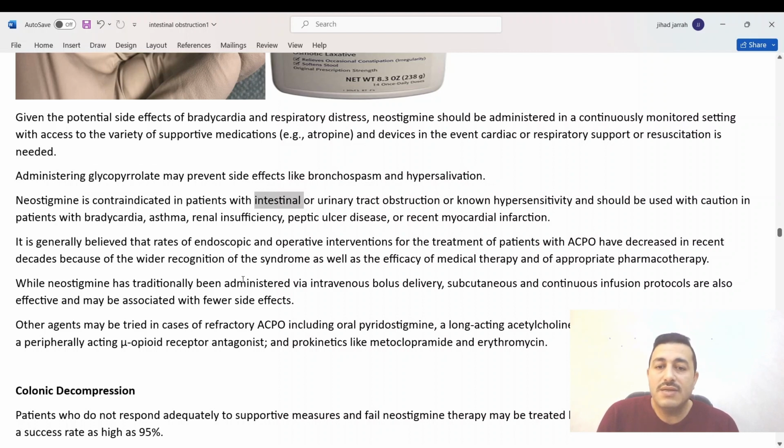It's contraindicated when there is urinary tract obstruction. It's contraindicated when there is bradycardia. I'm not talking here about whether it is an absolute or relative contraindication, but asthma, renal insufficiency, peptic ulcer disease, and recent myocardial infarction, these are contraindications.